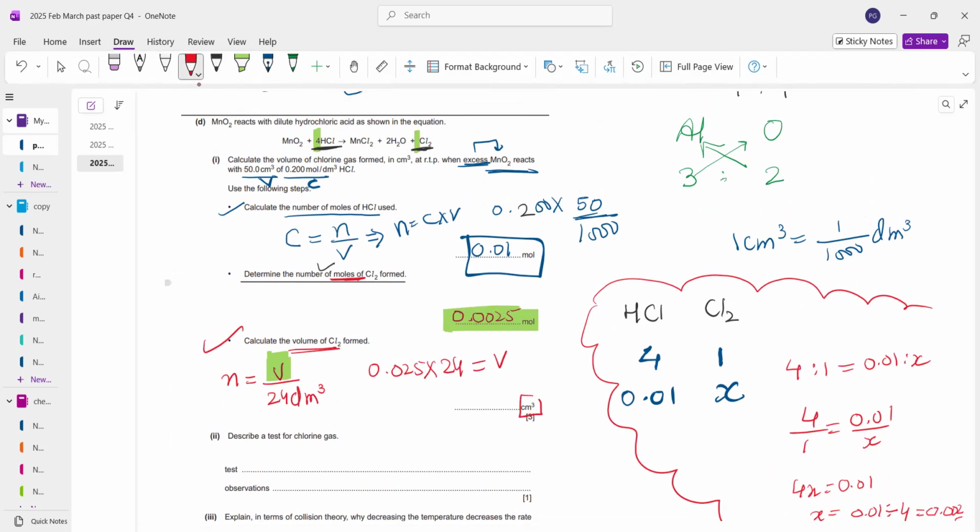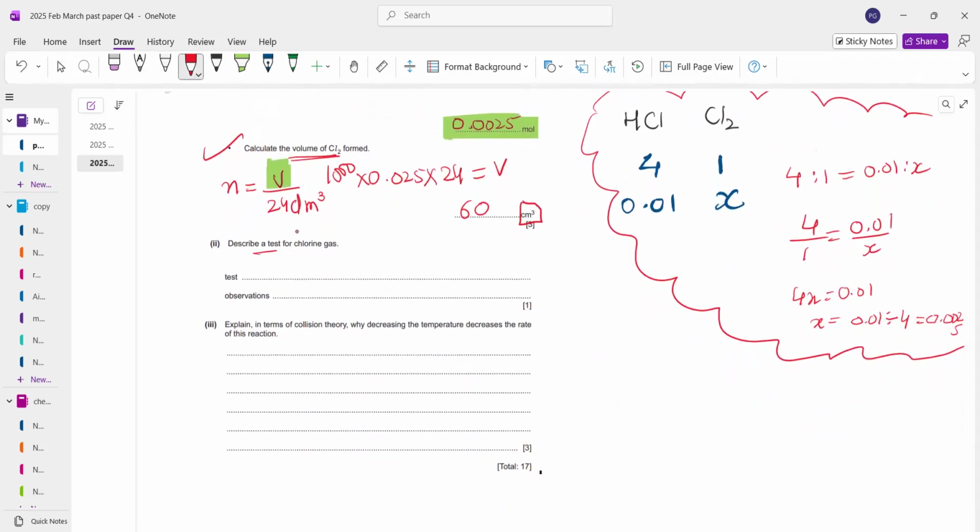But they're asking it in cm cube. So we will be multiplying this further by 1000 to convert it to cm cube. And this is going to be 60 cm cube. Yes, it's going to be 60 cm cube.